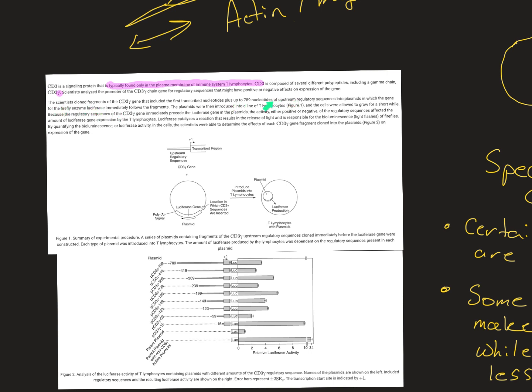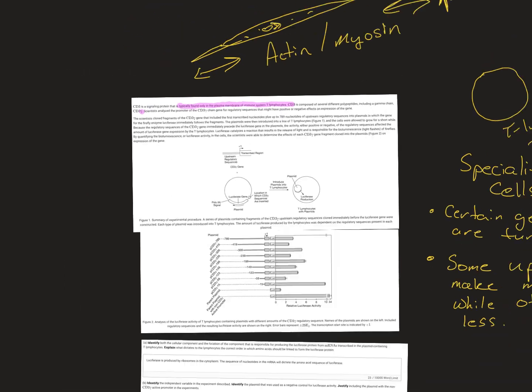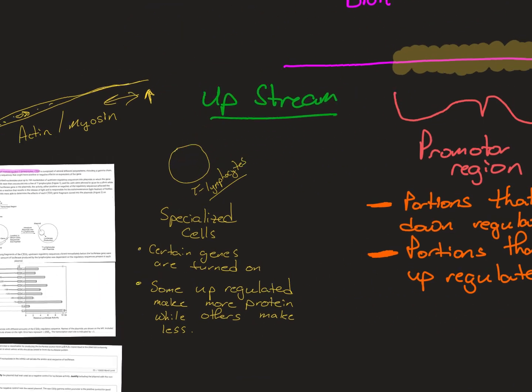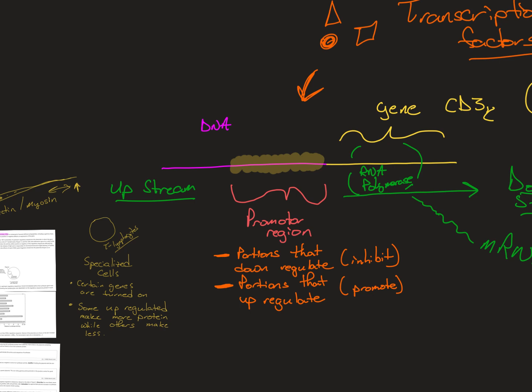There's the word upstream, so I'm glad I talked about it. Scientists cloned fragments of the CD3 gene that included the first transcribed nucleotides plus 789 nucleotides upstream. So upstream is this part, 789 nucleotides.